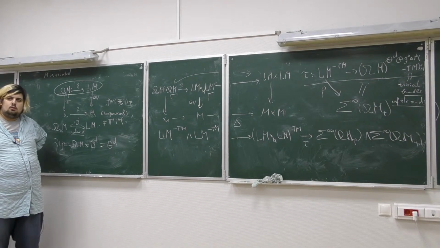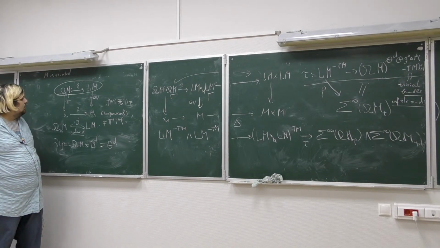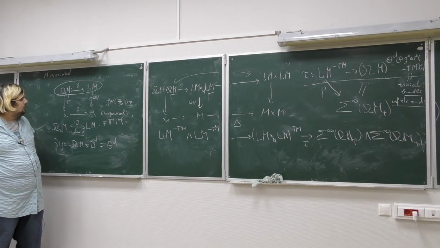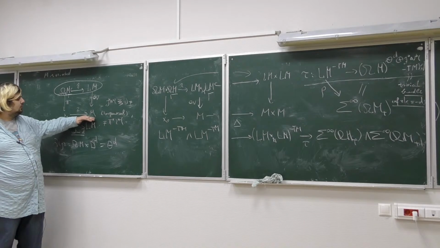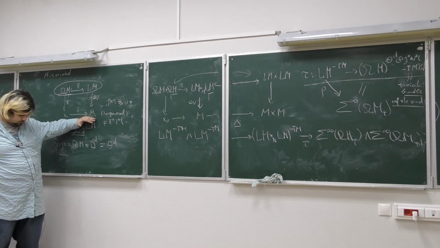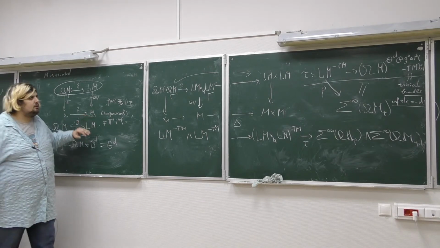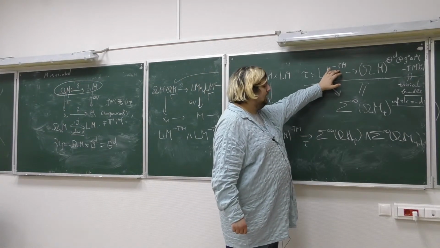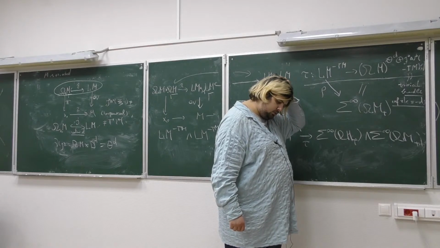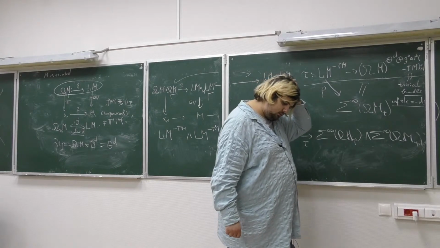What do you mean? The diagram commutes? Yes, but we will not have a map from... Okay, so if we think that here we have a pullback from over bundle from... So maybe you're right.